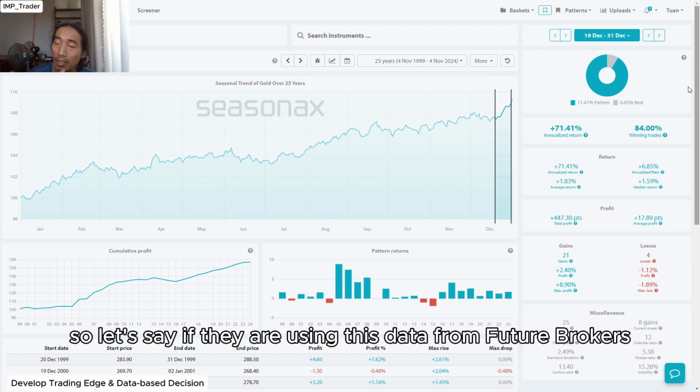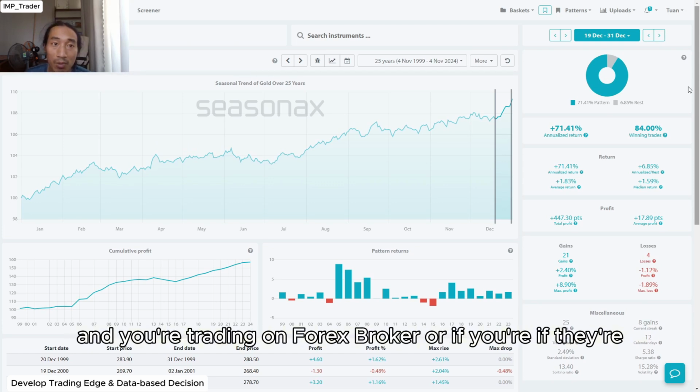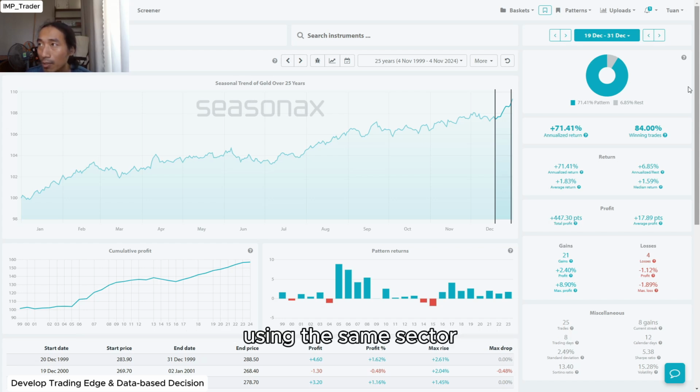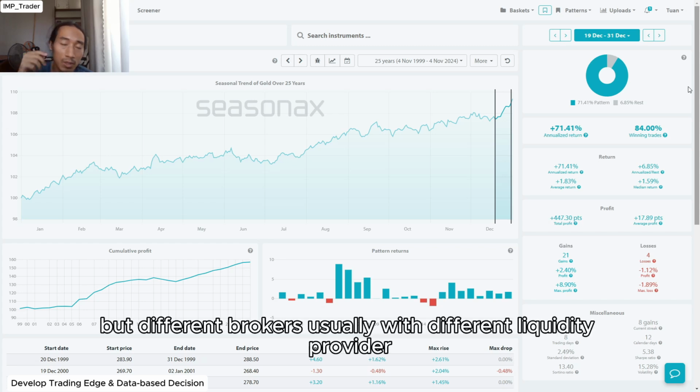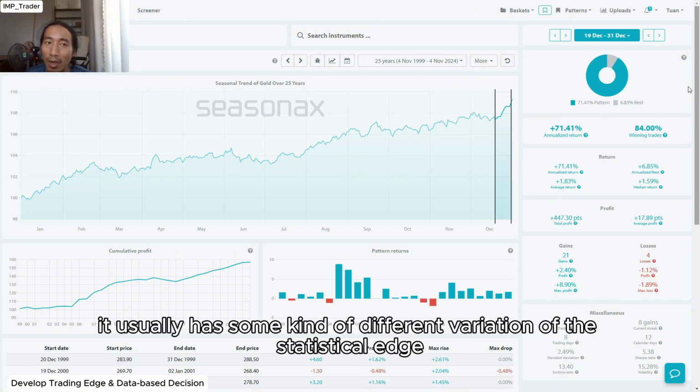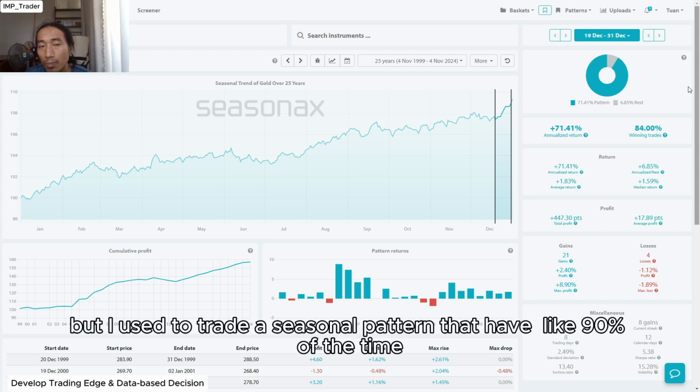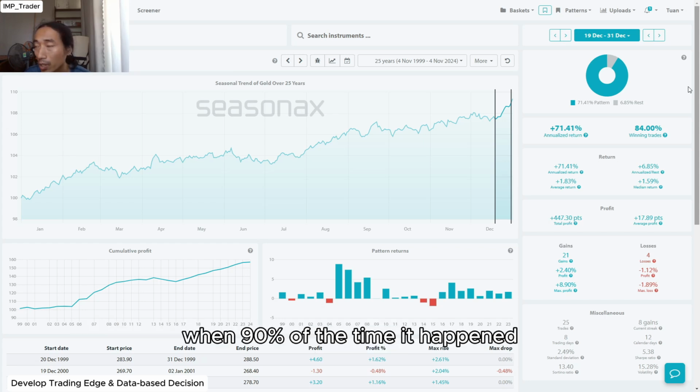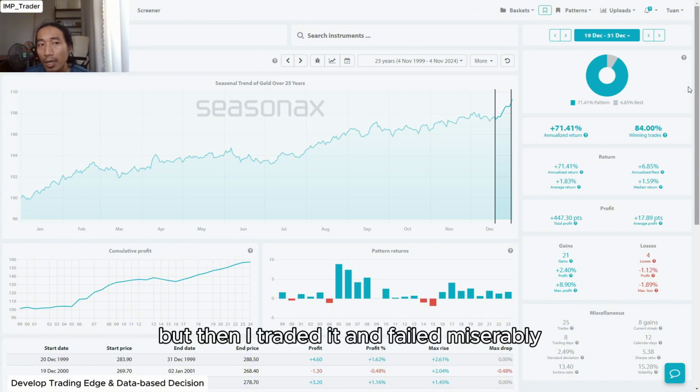Let's say they are using data from a futures broker and you're trading on a forex broker, or they are using the same sector but different brokers, usually with different liquidity providers. It usually gives some variation of the statistical edge. I used to trade a seasonal pattern that happened 90% of the time, but then I traded it and it failed miserably.